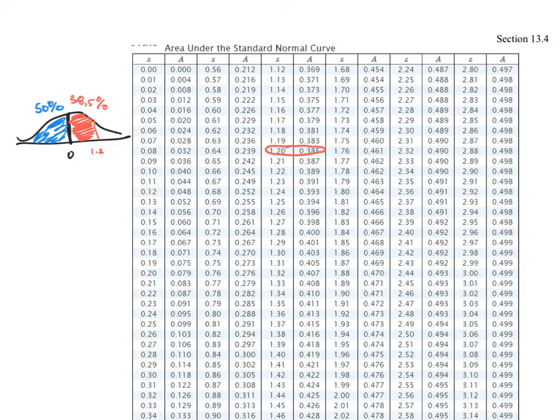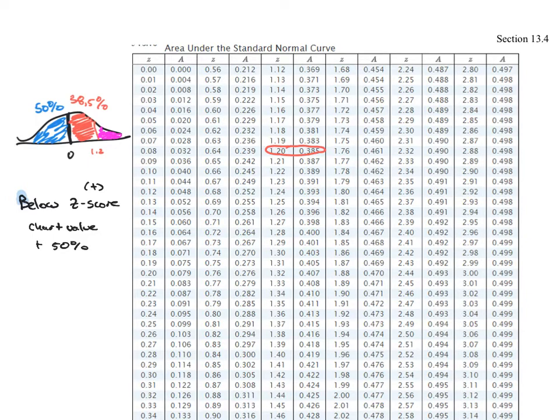So if you want to know how many scored below this z-score, and this z-score is positive, you're always going to do the chart value plus 50%.